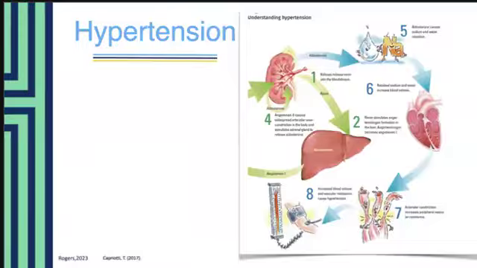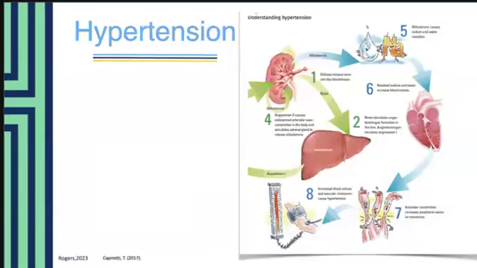Such as renal disease, where impaired kidney function leads to fluid retention and increased renin-angiotensin-aldosterone system activity, raising blood pressure. Endocrine disorders, conditions like Cushing syndrome and even primary aldosteronism, disrupt the hormonal regulation of blood pressure.